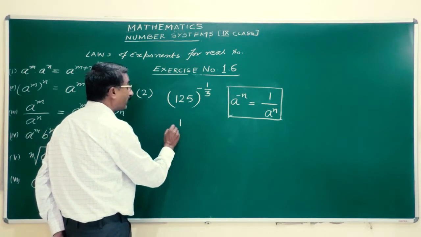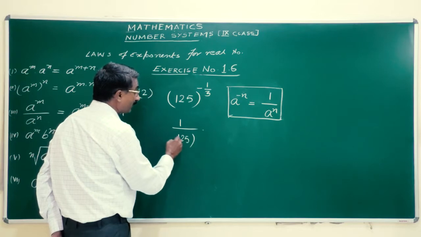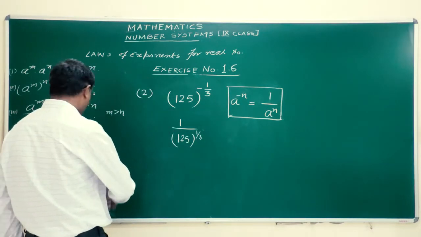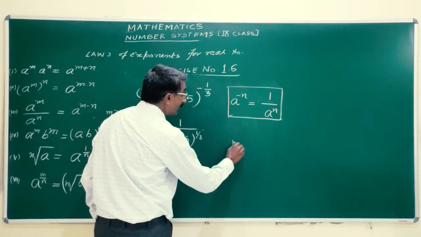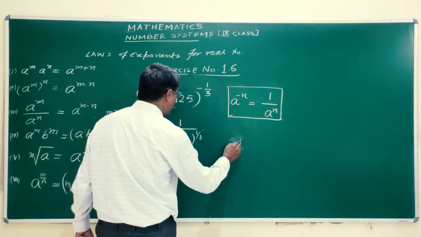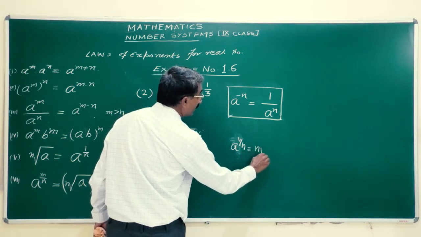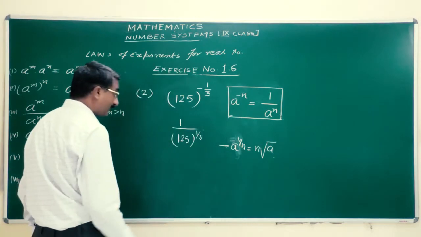So, 1 upon 125 raised to the power 1 upon 3. Now, we will use this identity, that is, a raised to the power 1 upon n is equal to the nth root of a. So, we can use this identity.